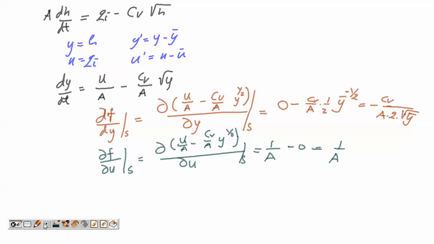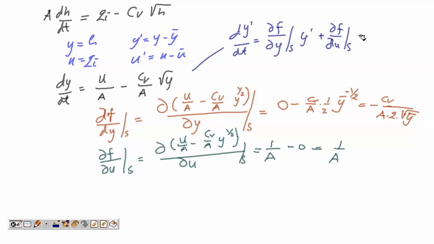So from our definition of the Taylor series, dy prime over dt is equal to df over dy at steady state times y prime plus df over du at steady state times u prime.